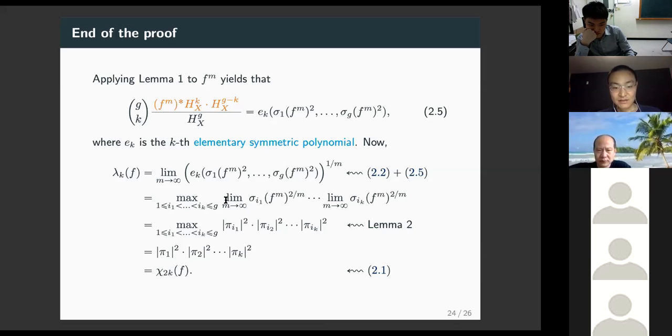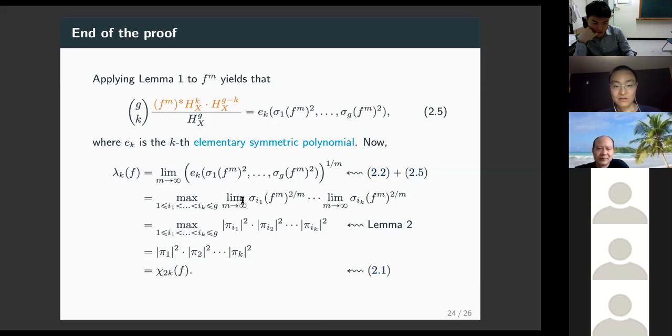And now the point is the limit of those singular values to the 2 over m goes to the square of eigenvalues. This is by Lemma 2, I will show you this one in the next slide. And now it's easy to see, because pi_1 is the maximum, pi_2 is the second maximum, then the maximum of all those products must be pi_1, pi_2, ..., pi_k squared. So this one is our 2k.